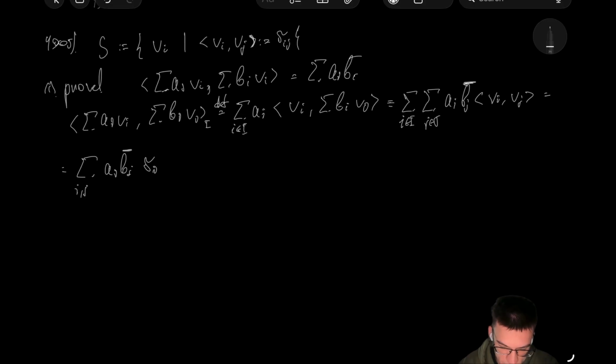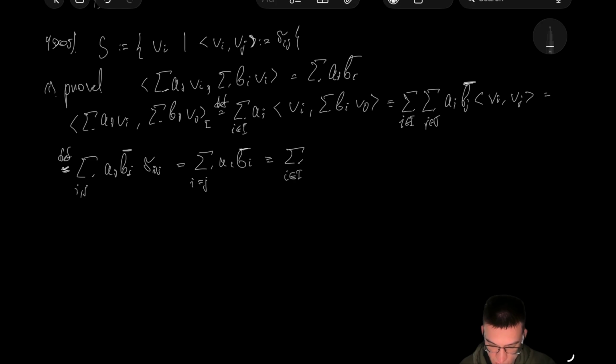And then the Kronecker symbol, by definition of our orthonormal basis, results in i equals j, because otherwise it would annihilate. Only what we have left here is Ai and Bi, essentially the conjugate value, which is exactly the same thing as Ai times the conjugate of Bi. That's basically all the proof. That's all we need to do here.